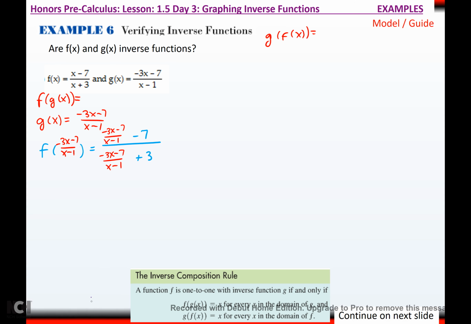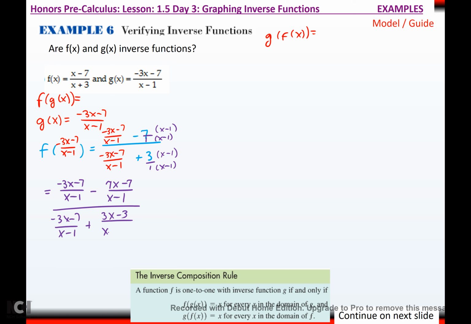I got to simplify those tops, which means I need common denominators, which are going to be x minus 1. So that would give me negative 3x minus 7 over x minus 1 minus 7x minus 7 over x minus 1, all over negative 3x minus 7 over x minus 1 plus 3x minus 3 over x minus 1.